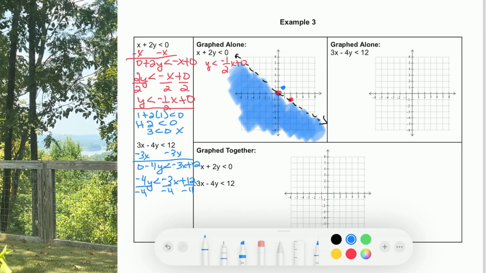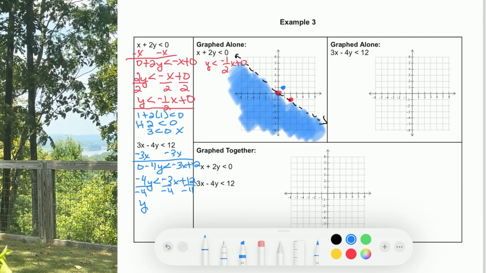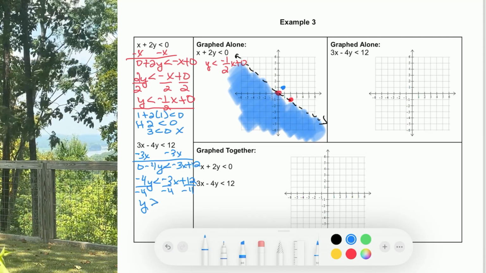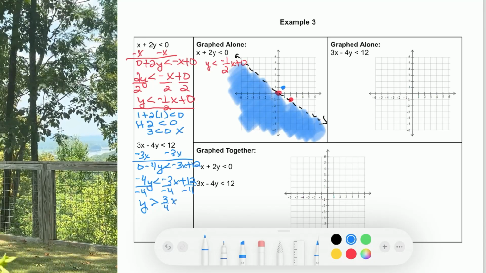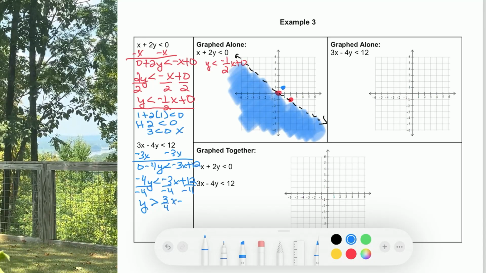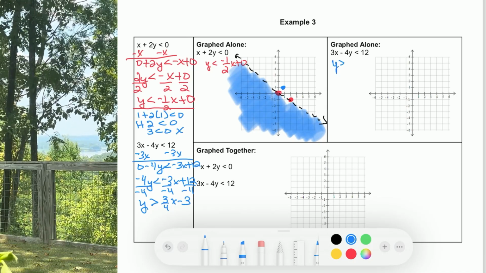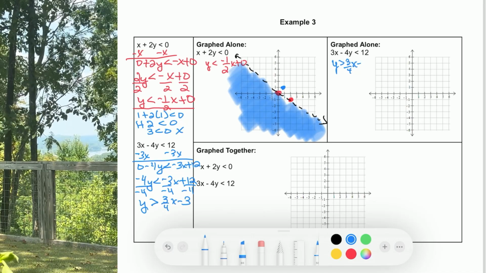That is going to cancel out, so I get y. Now I divided by a negative number, so that tells me I'm going to flip my inequality. The negative 3 over negative 4 becomes a positive 3/4 x. And then 12 over negative 4 becomes a minus 3. So we now have that equation. Y is greater than 3/4 x minus 3.